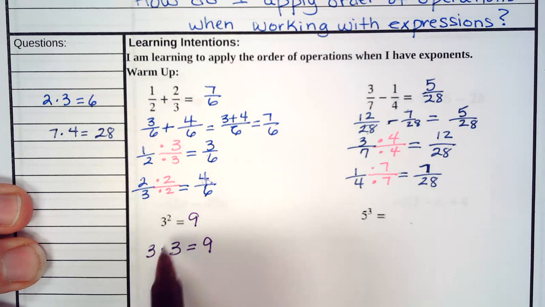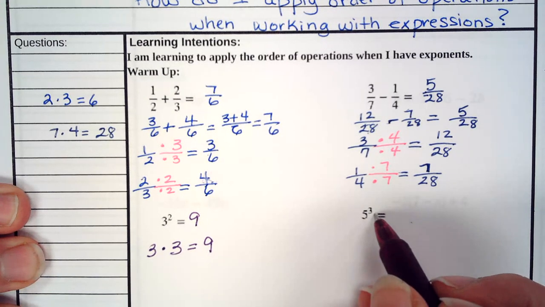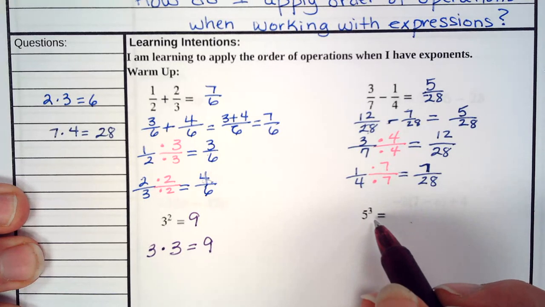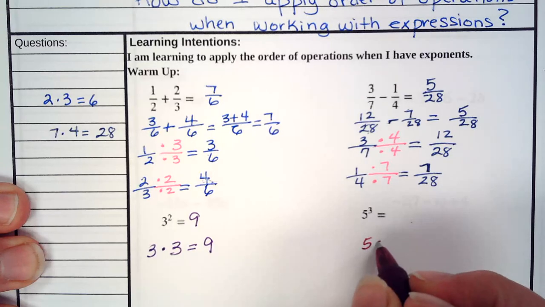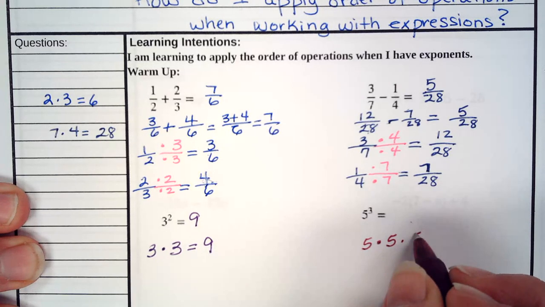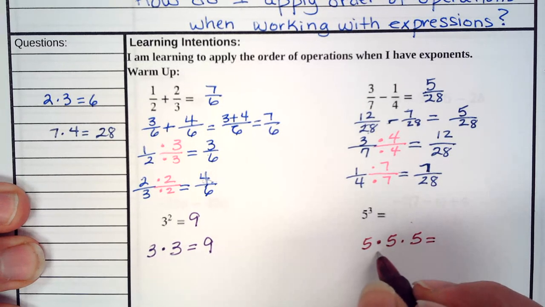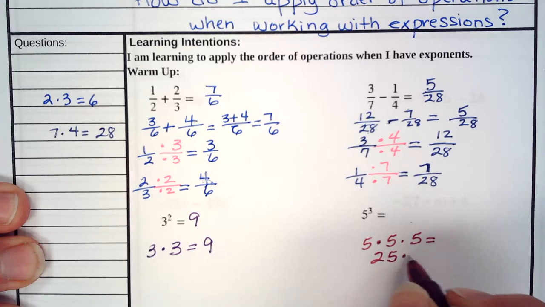That 2 tells me I have 2 factors of 3. 5 raised to the third power tells me I have how many factors of 5? 3. 5 times 5 times 5. 5 times 5 is 25 times 5.